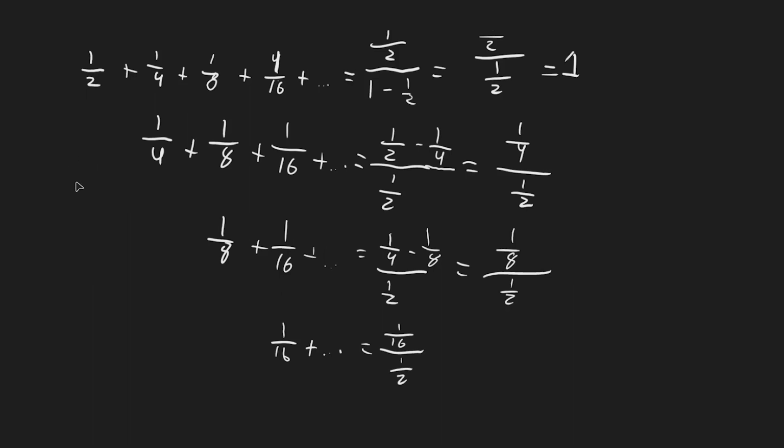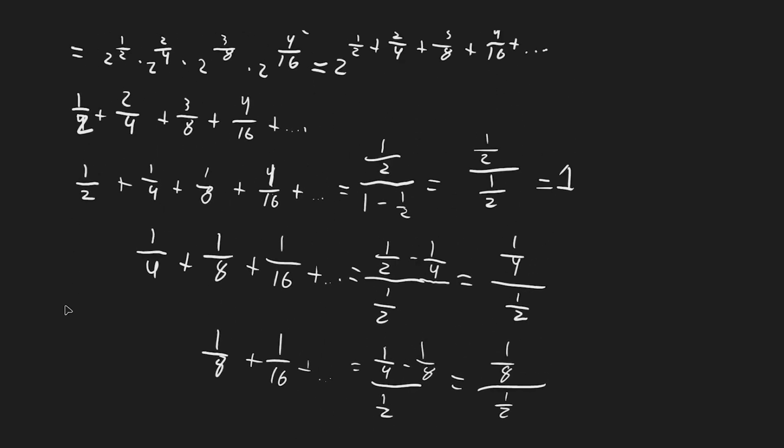So what I want to see is what this is. I'll just change the color right here. We can see this must be equal to all of these sums together. So this must be equal to 1/2.